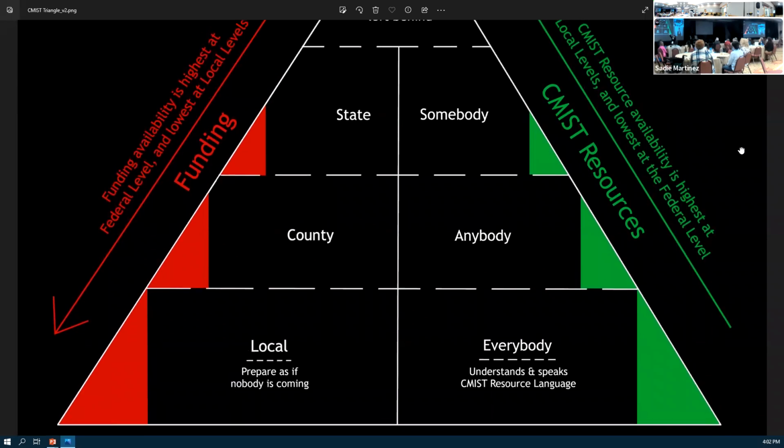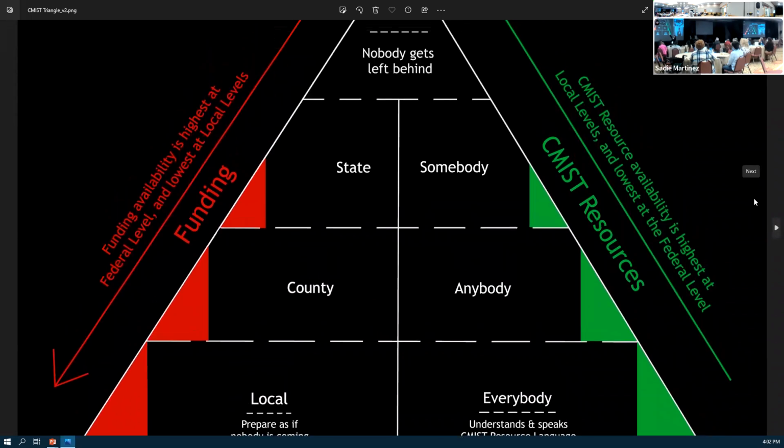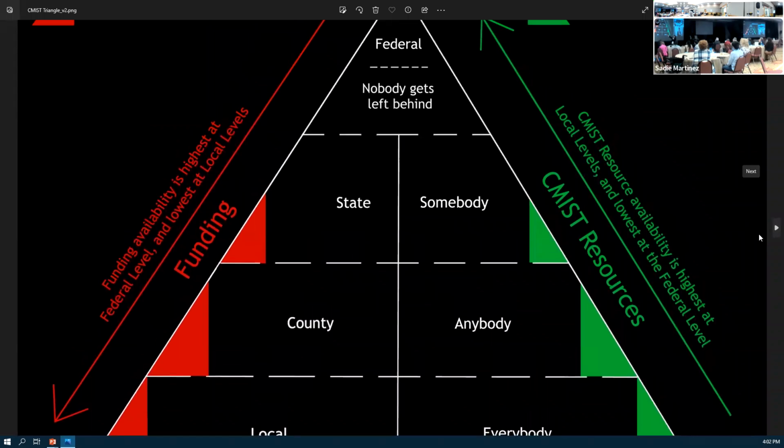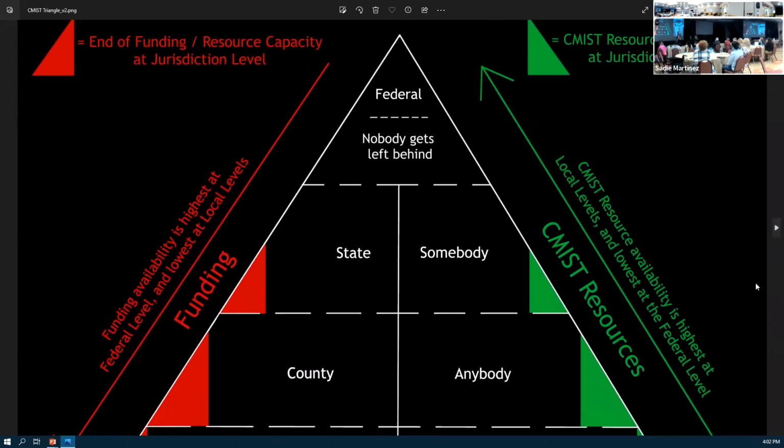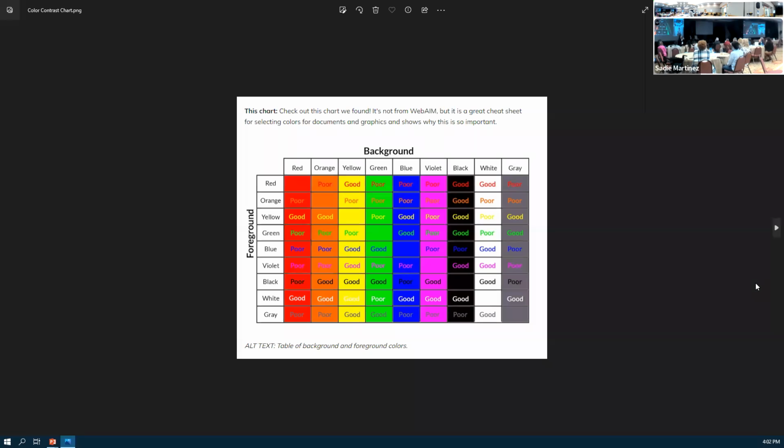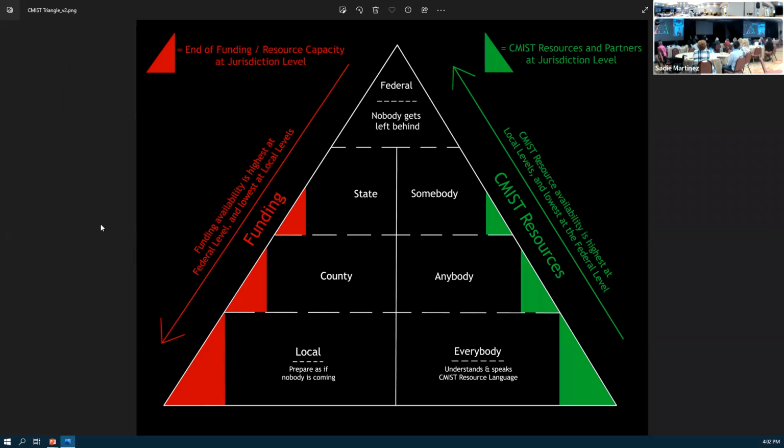Then we get up to the state, where our funding fills in those CMIST gaps as well, as we learn from each other. We're trying to get this right, so this is still in draft form. We do want your feedback, especially because we have major subject matter experts in the audience as well as online. We're trying to have that shared language between funding and CMIST resources as we continue to grow together and learn what we don't know, because we don't know.